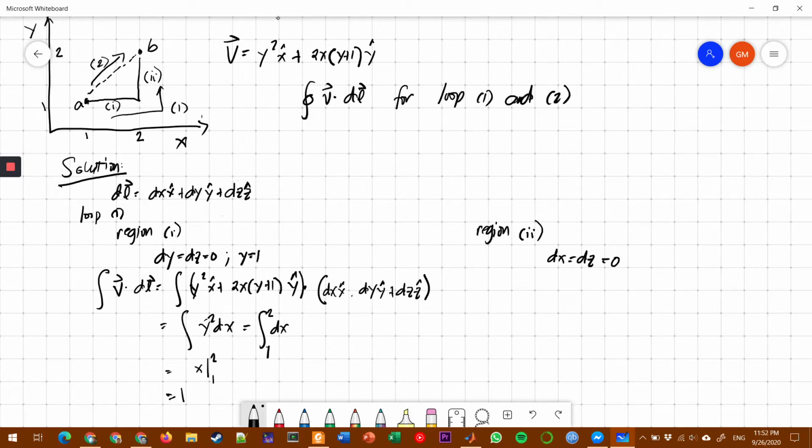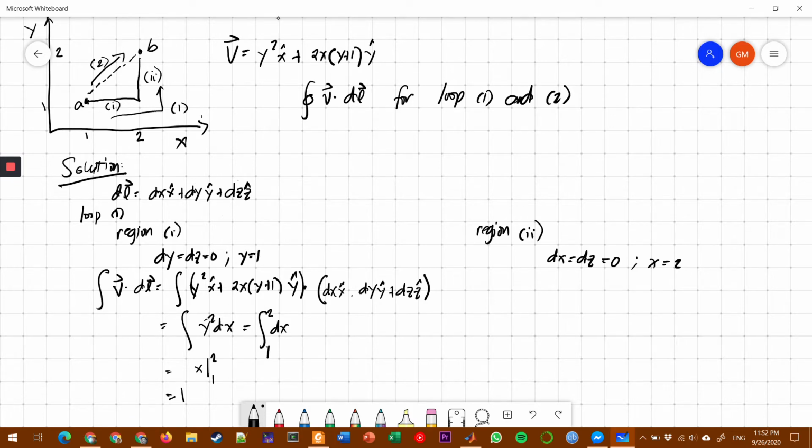Okay, and then it has a value of x equals 2 because it's just a vertical line. So its x is constant, which is equal to 2.